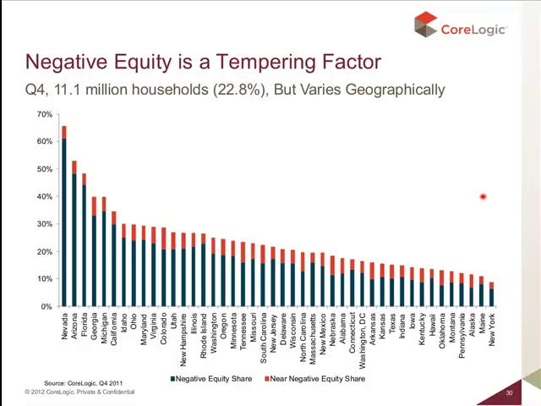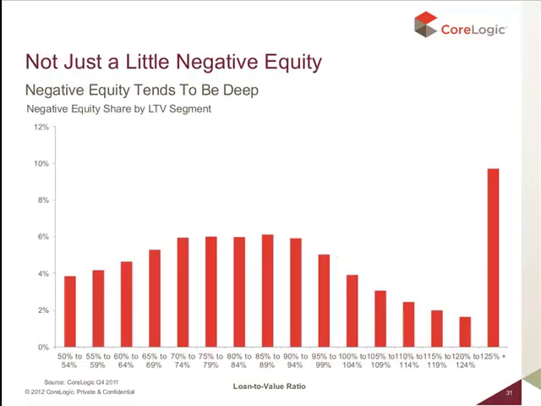But that negative equity and under-equitied issue is a significant problem for home demand, because much home demand is driven by the turnover of existing homeowners. It's not just a little bit of negative equity that might be repaired with a couple of years of house price growth or paying off your loan.